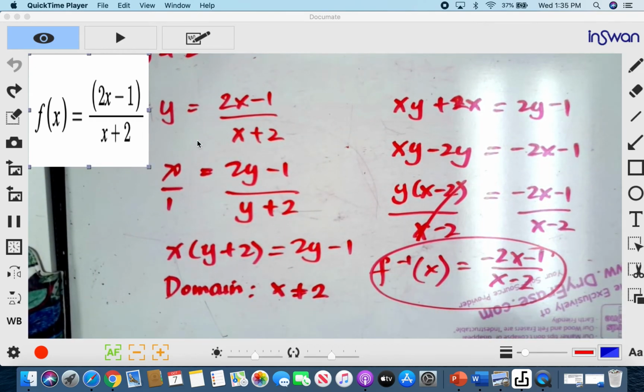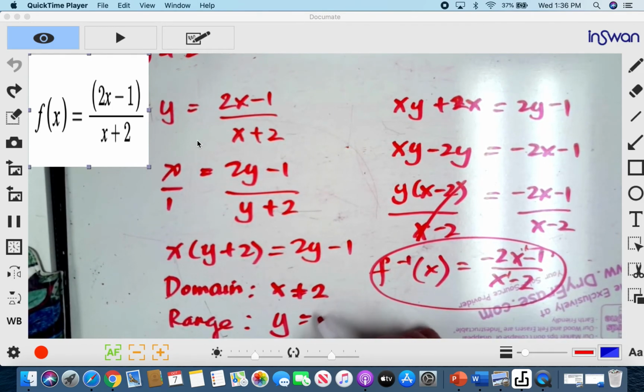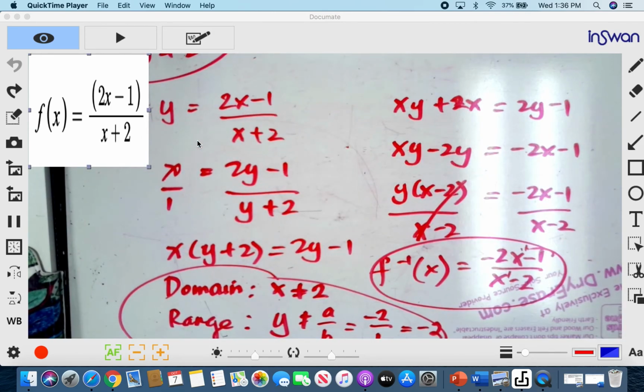This is our inverse function, and for our range, you see you have the same exponent for your numerator and denominator, so therefore y is not equal to a over b, and our a is negative 2 over 1, which is equivalent to negative 2. So as you can see, this is the domain and range of our functions.